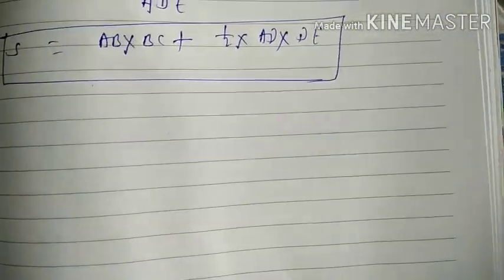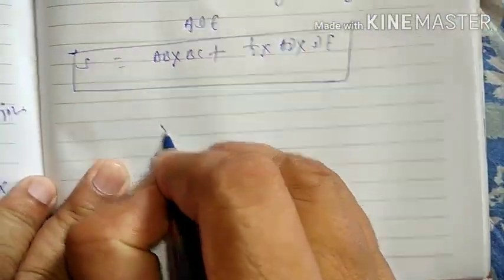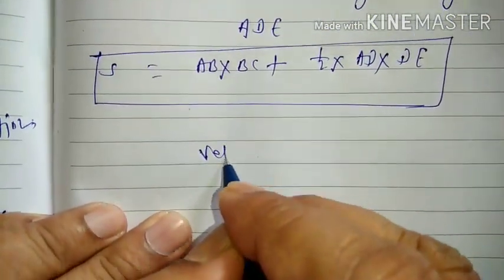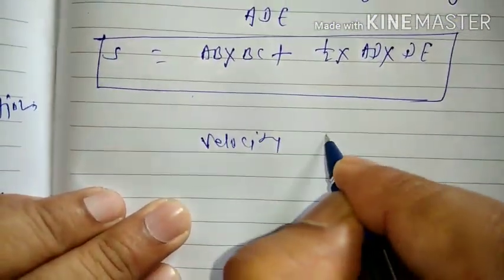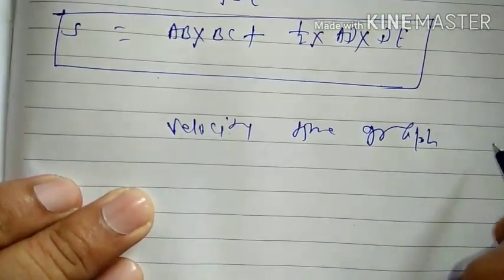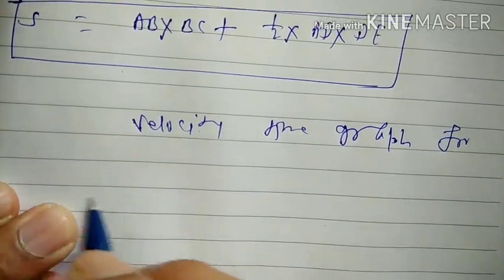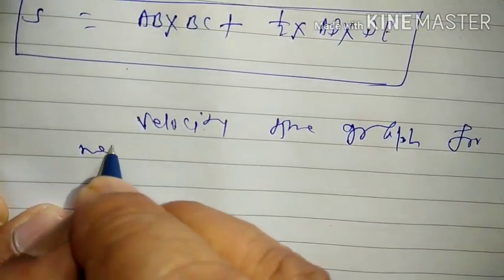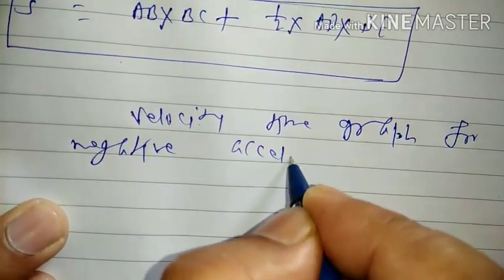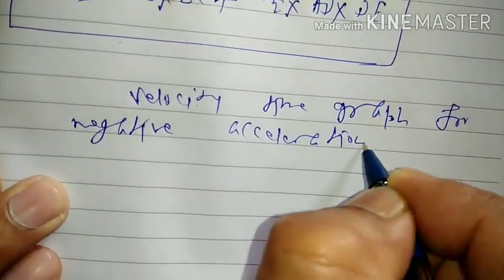So suppose now a velocity time graph for negative acceleration.